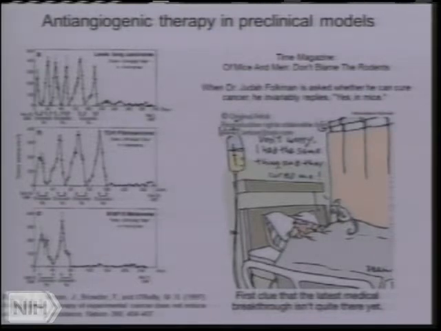When we try to translate all this into the clinic, and this is one of the things that I want to talk about, I have a number of slides that will illustrate the problems, or the challenges, of translating these anti-angiogenic therapeutics into the clinic. As a matter of fact, this one, endostatin, is one of the therapeutics that failed in the clinic, even though the results in preclinical models were so striking.